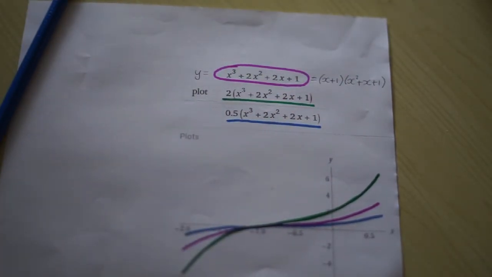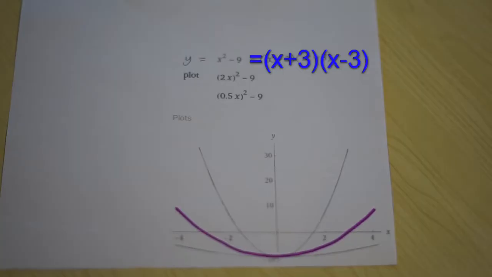In the case of 0.5 multiplied by the function of x, and that's the blue graph, all of the y coordinates are halved and the graph appears squashed. So if you have a graph that is multiplied by a constant, you now know how to adapt the original graph in order to sketch it.